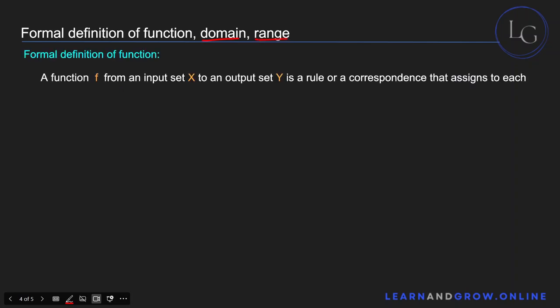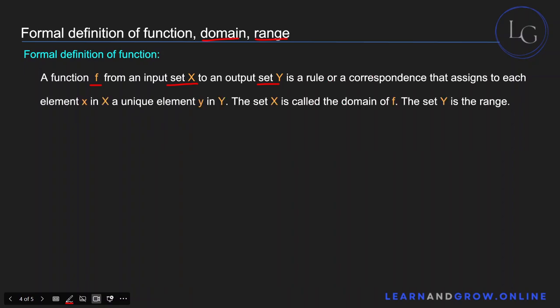Let's say that the function or the correspondence, let's call it f, from an input set x to an output set y is a rule or a correspondence that assigns to each element x, where x is an arbitrary name that we've given to every element in the set, a unique element in set y, right?